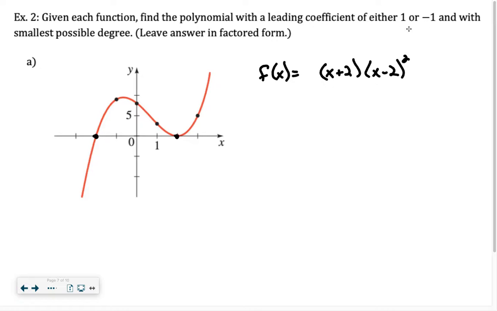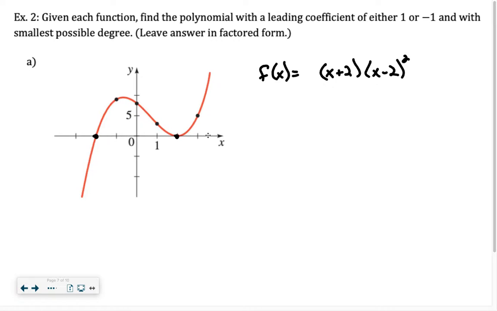Now, the other part of the directions say our leading coefficient is either 1 or -1. That has to do with end behavior that we talked about in the last lecture. So here, this function is going to be odd degree. We've got 1 plus 2, so it's odd degree. And as x goes to negative infinity, f of x goes to negative infinity.